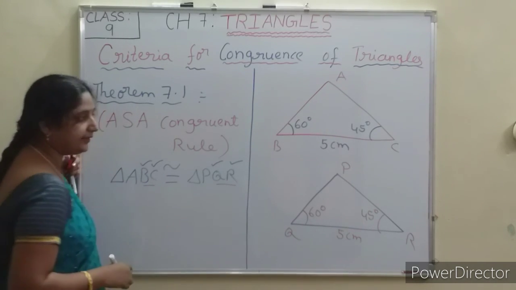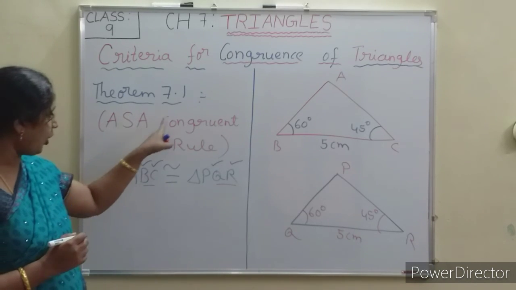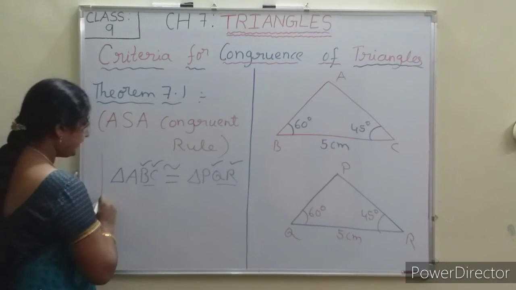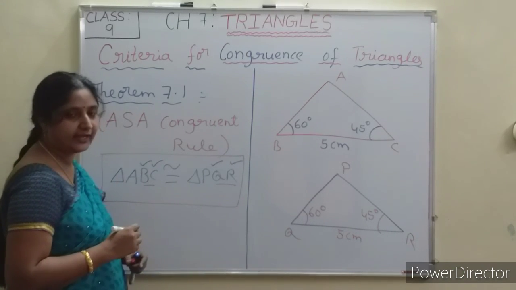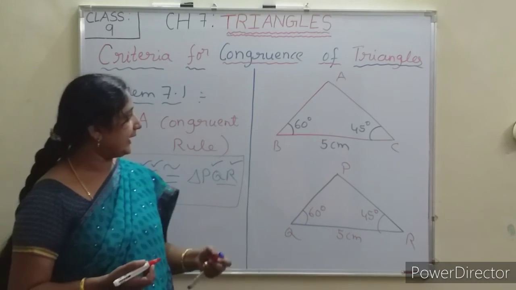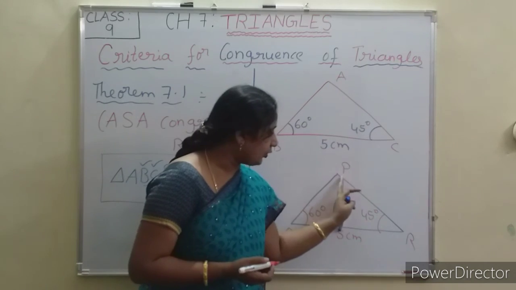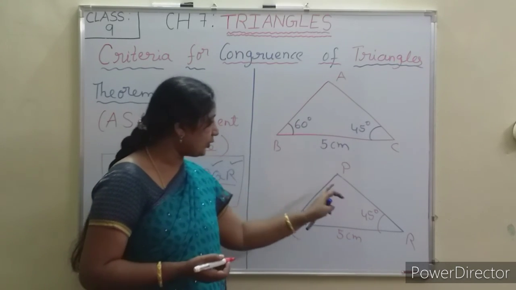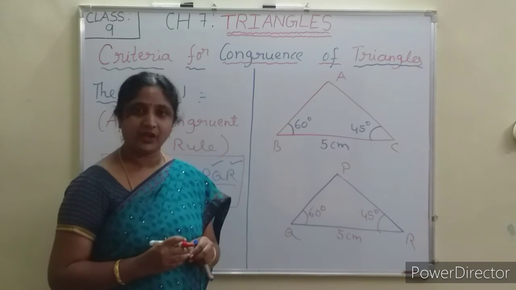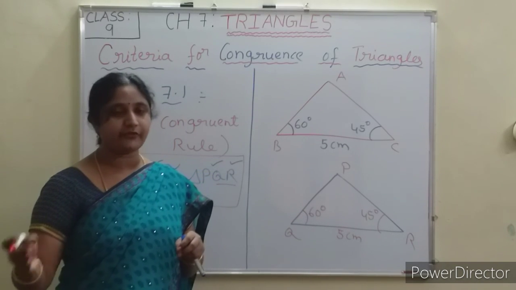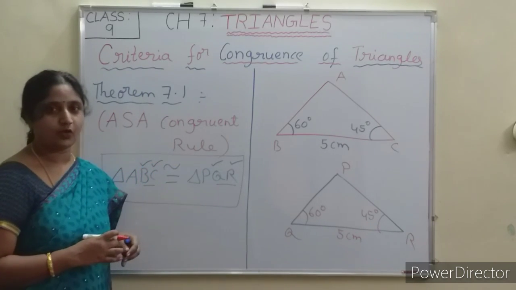BC and QR lengths are the same. By using this ASA congruent rule, we can tell these two triangles are congruent. After concluding these two triangles are congruent, you can tell AB equals PQ, AC equals PR, and angle A equals angle P by CPCT, by corresponding parts of congruent triangles. Like that we can write in the problems also.